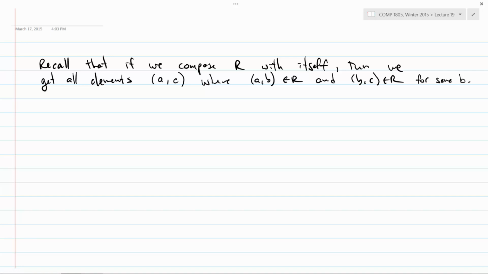And we noticed last time that this definition is a lot like the definition of transitivity. So really, taking this composition makes your relation a little bit more transitive, in the sense that it adds all of these pairs that have to be there for transitivity. But by doing this, you might introduce new things that now have a missing pair.